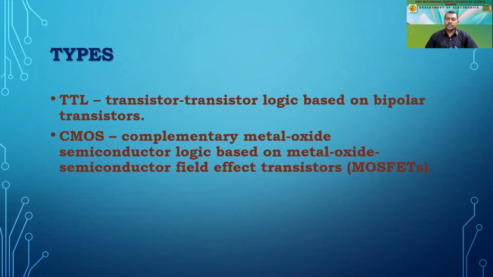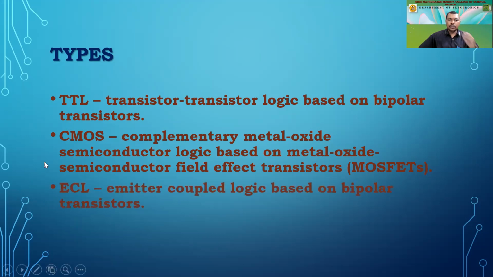CMOS are complementary, so we are using both P type and N type. Therefore, it is called the complementary of it, right? And then we have ECL, that is emitter coupled logic, based on bipolar transistors, right? So this is another group of families.